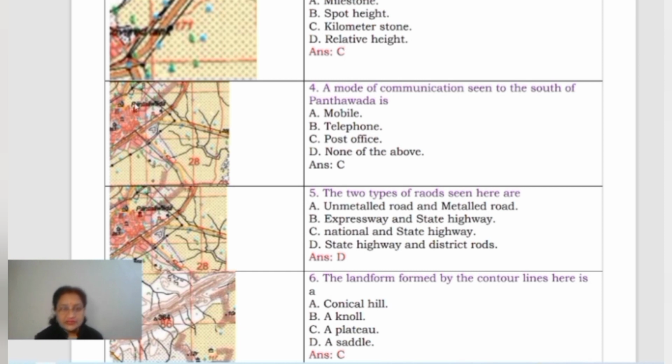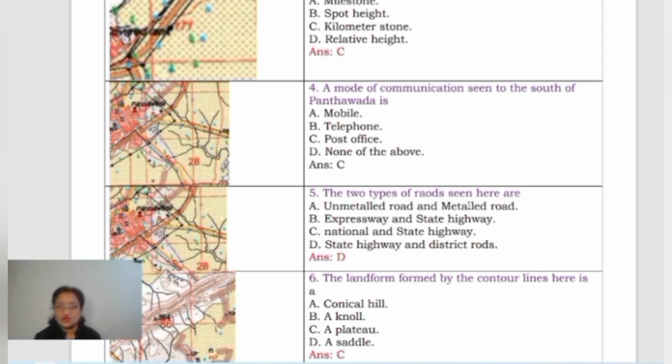This is one symbol just below where the name Panthawada is written. That means it has the post office. So the post office is the mode of communication, post and telegraph. So C is the correct option.